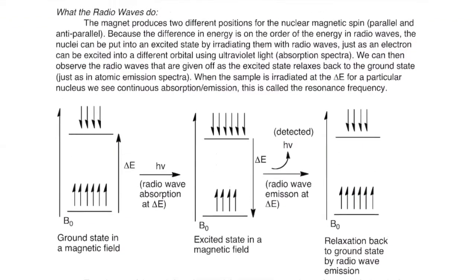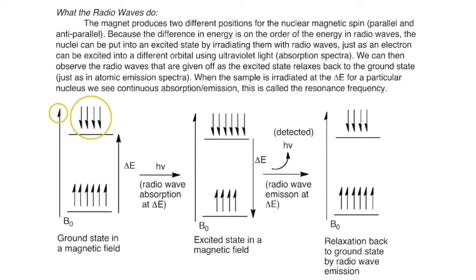We just talked about electrons under the B naught behaving differently, either alpha or beta. And then we also know that there is one energy state that is going to be higher, because you force them to go against the direction of your B naught.